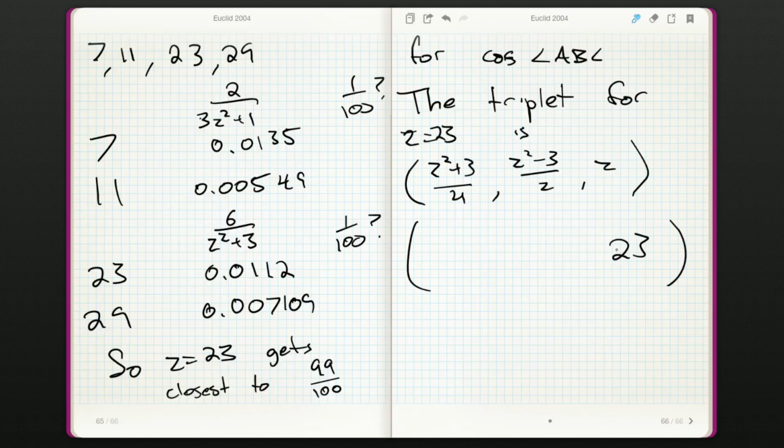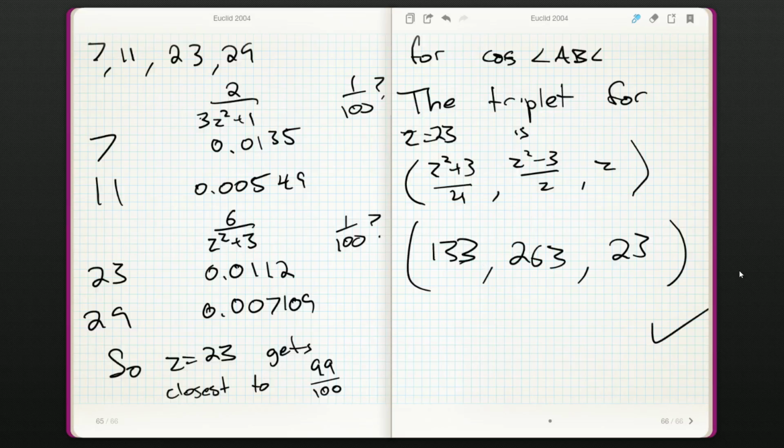So 23 squared plus 3 divided by 4. Oh, good. It is an integer. I was worried about that. And then z squared minus 3 over 2. 263, and the x is bigger than 23. So there we go.